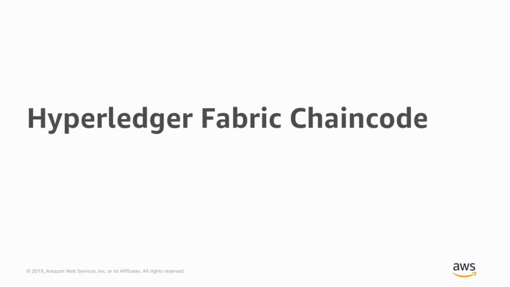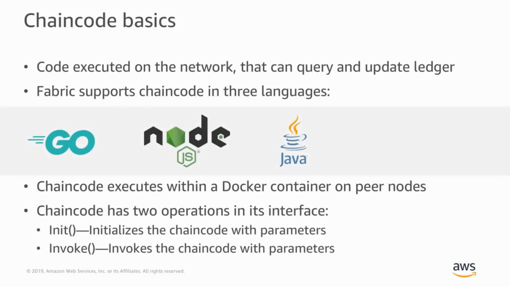So let's have a look at this section in the deck here. Hyperledger Fabric chain code. In Hyperledger Fabric, we can write chain code in one of three languages: Golang, Node.js, or Java. Notice that these are all traditional programming languages. This is a little different to a blockchain platform such as Ethereum, which uses its own programming language known as Solidity.